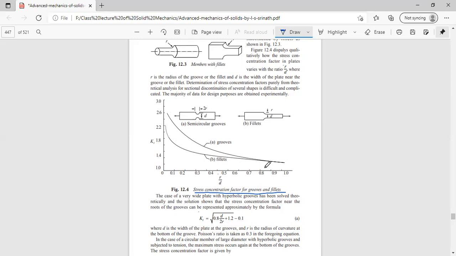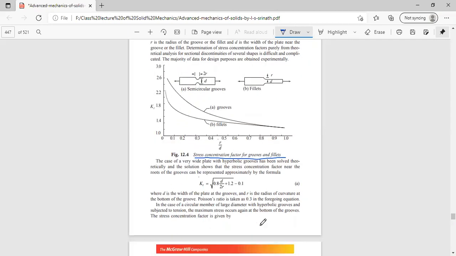They are more or less equal when this ratio tends to 1, or when R is nearly equal to D. The stress concentration factor is the lowest here, but it is higher when the difference is comparatively high.